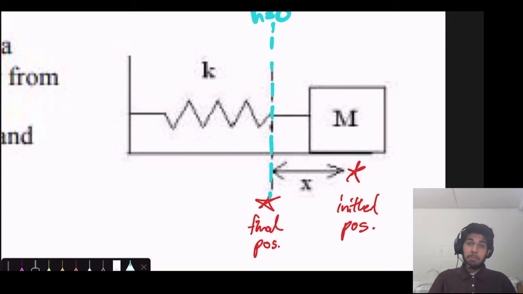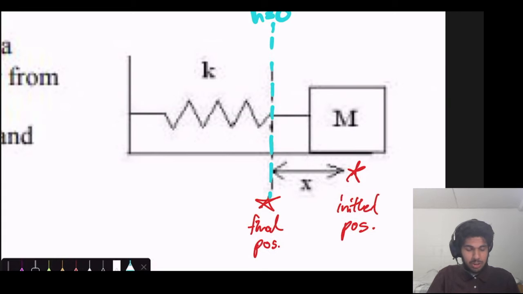Perhaps unfortunately, we can't always do this. In fact, we can basically never do this, because h equals 0 is a horizontal imaginary line. If we think about what h equals 0 is, that's mainly used for our gravitational potential energy, and that's the vertical distance from our baseline.